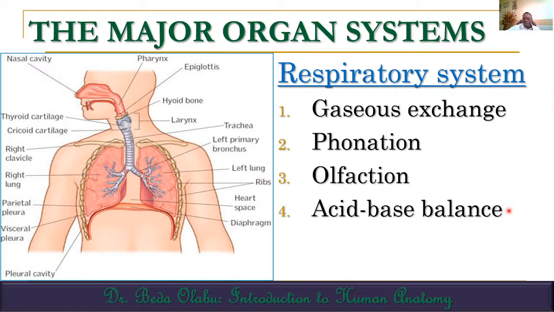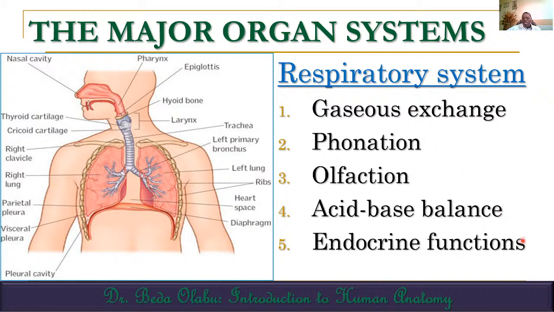We have blood, we have the lungs, and we have the kidneys. Also, the respiratory system may have some endocrine functions, and maybe it is too much to say at this particular point. But as you go along in your anatomy and physiology, you'll come across the question, what's the endocrine function of the lungs?